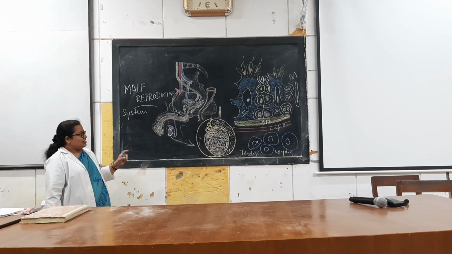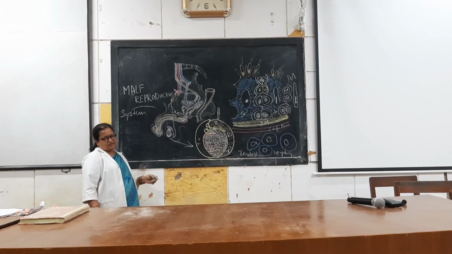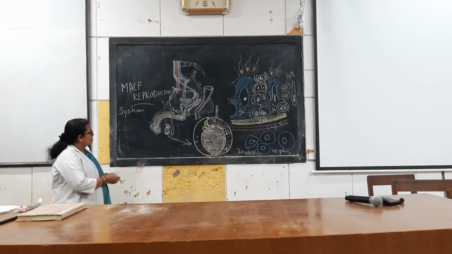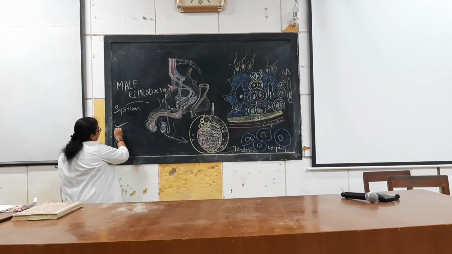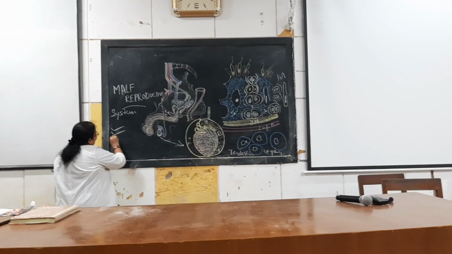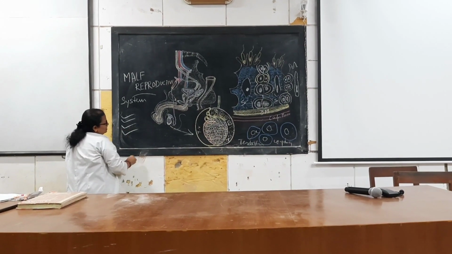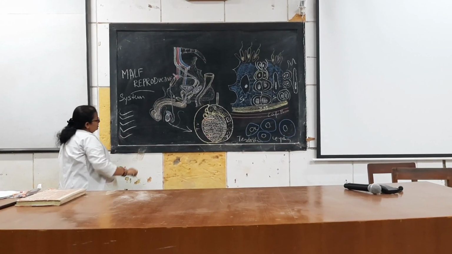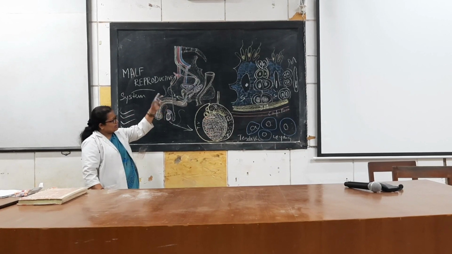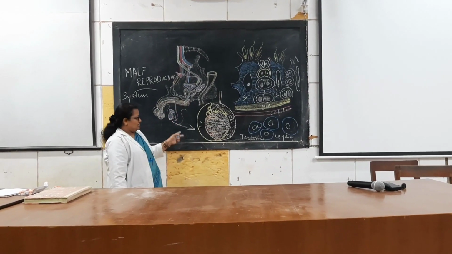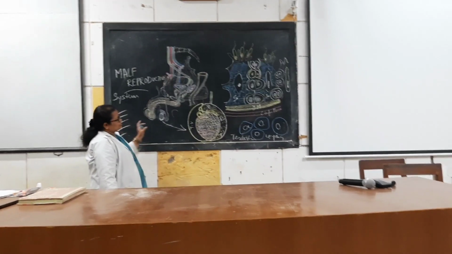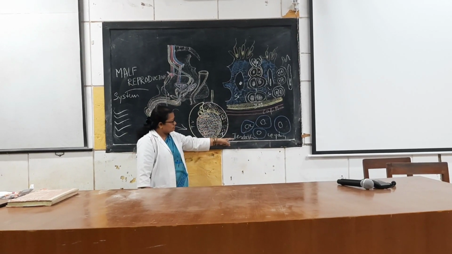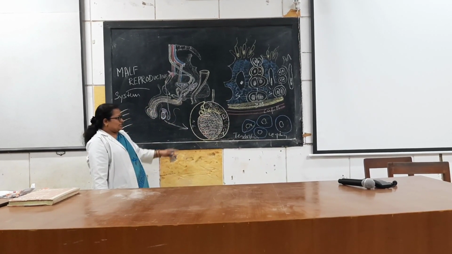So a large number of factors are released by the Sertoli cell: anti-Mullerian hormone, activin, inhibin, plasminogen activator, and androgen binding substance. This androgen binding substance helps the spermatogenetic cells to take up the testosterone released by the Leydig cells.